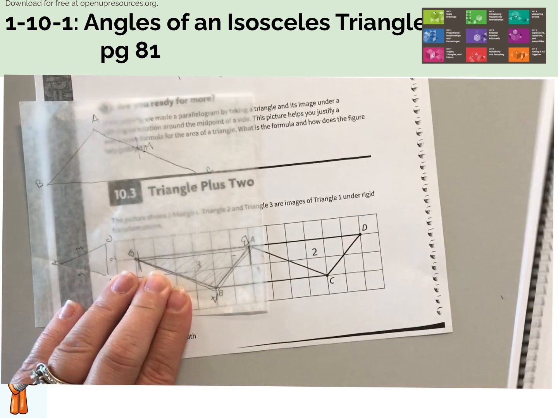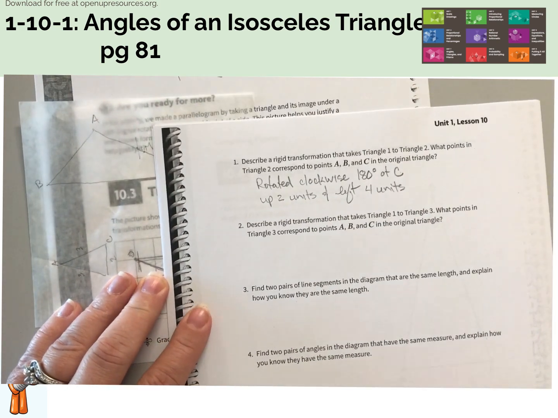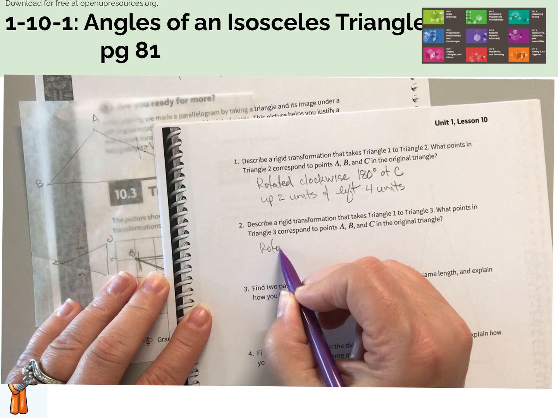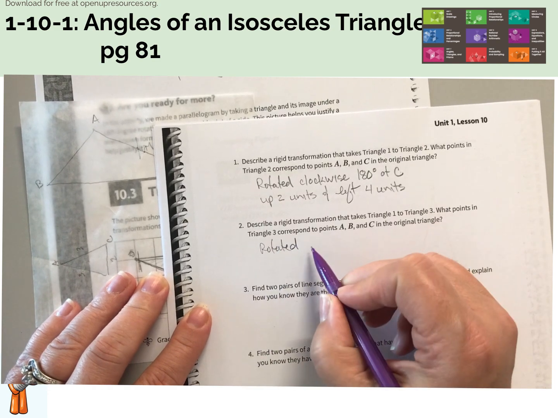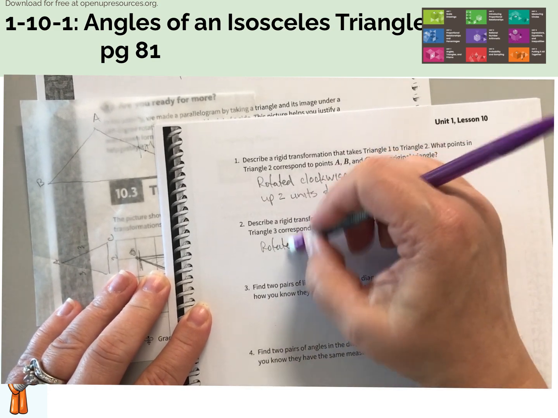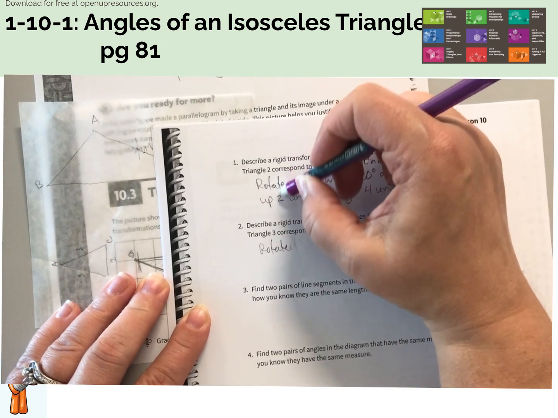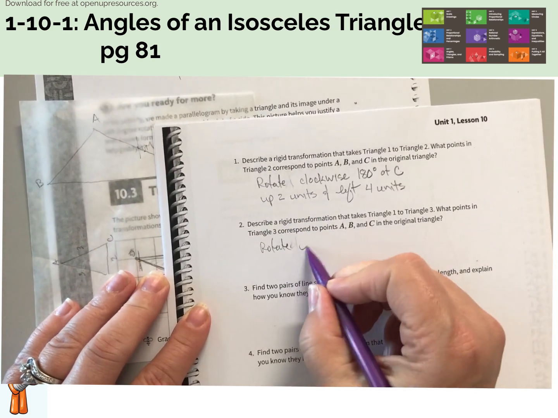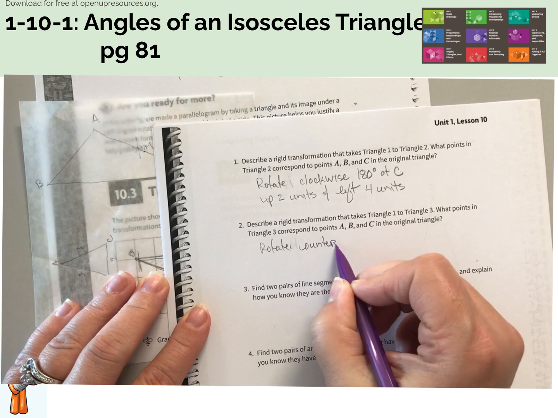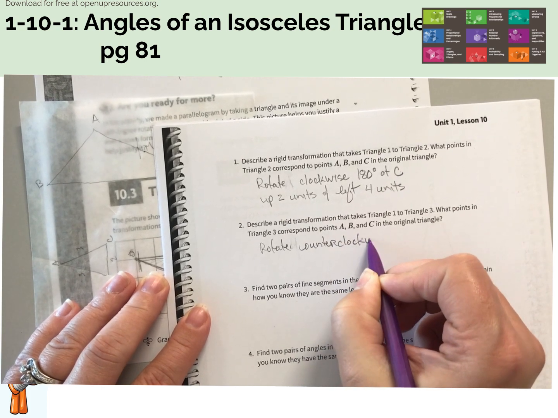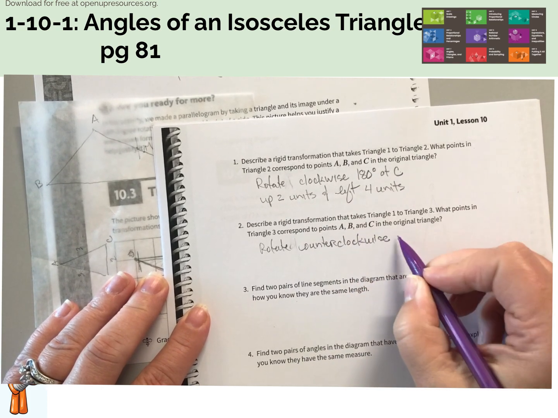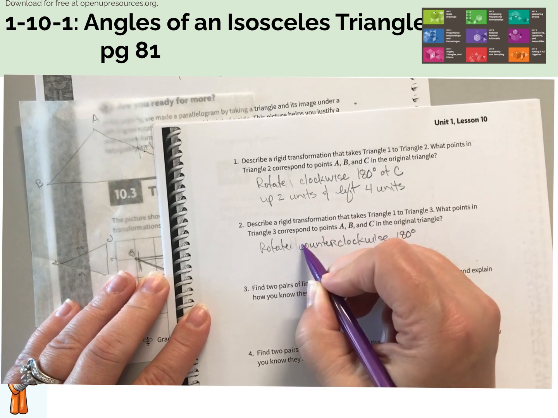Okay, so I'm going to write that down on number 2. I said rotate. I'm not going to put it in past tense. I went counterclockwise, 180 degrees. Oh, where did I put my pencil?